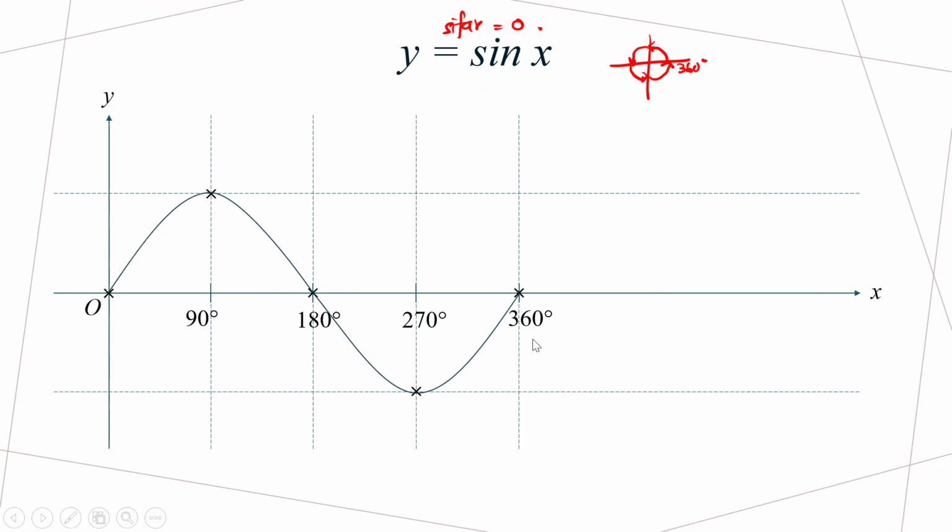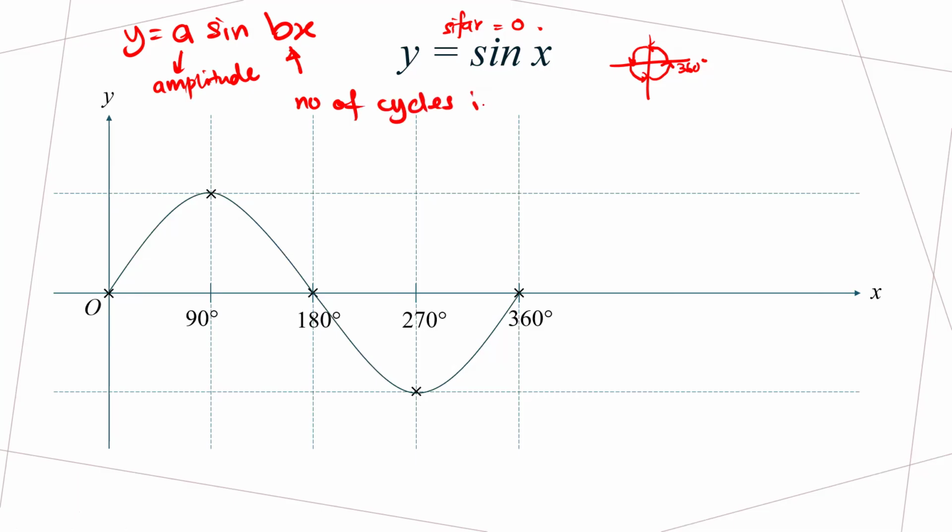Generally, you will have y equals a sine bx. The a refers to the amplitude. The b refers to the number of cycles in 2 pi or 360 degrees.